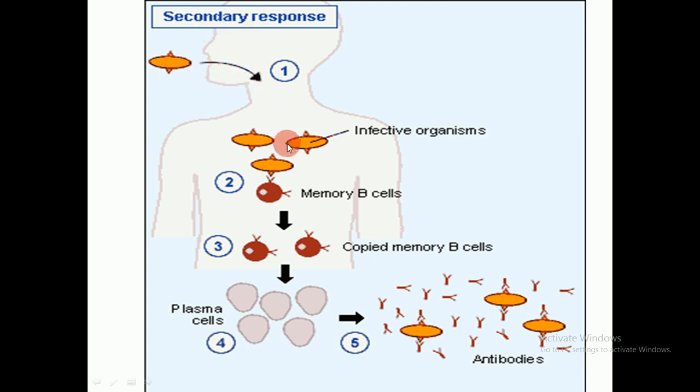So the bacteria or virus enters the body, and there is a memory B cell present which directly recognizes this pathogen and directly differentiates into a plasma cell, and this plasma cell will secrete the antibody, which is of the IgG type. So this lag phase requires a short time because the memory B cell is ready to recognize the pathogen.